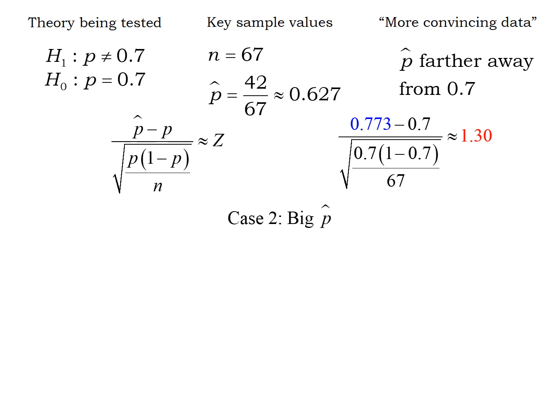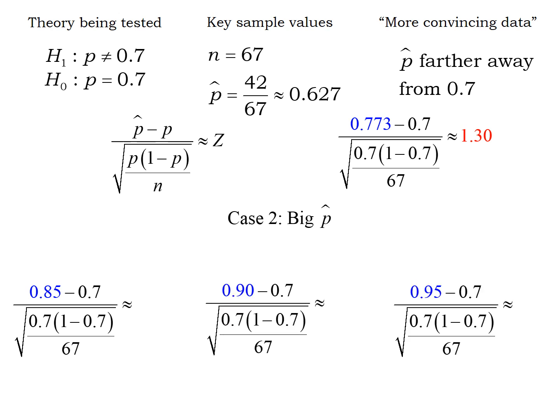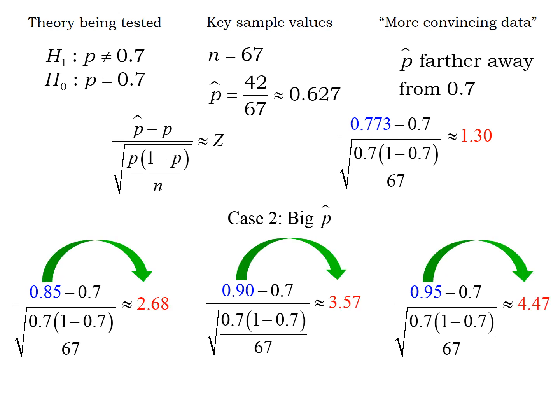So let's take a look at the numbers. What happens if p hat is 0.85 or 0.9 or 0.95? In each case, I'm getting more and more convinced that the real probability is not 0.7. And as p hat gets larger and larger, not surprisingly, the z-scores are also getting larger.